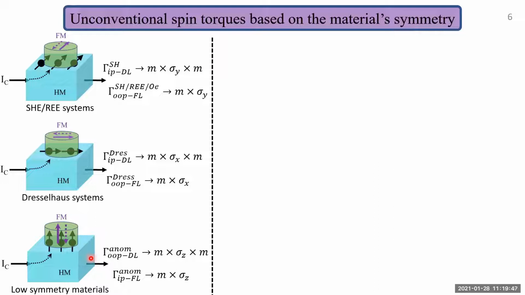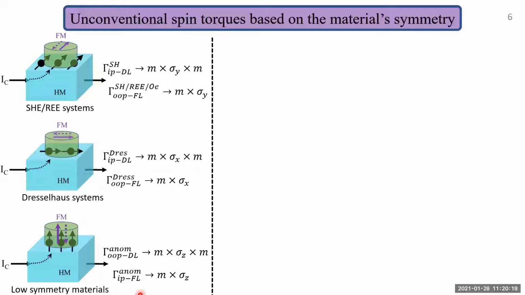The reason is that it can actually switch an out of plane magnet, which doesn't need any in-plane symmetry breaking field. Out of plane magnetization switching is important for high density memory applications. And secondly, the origin of this kind of spin torque is not very well known. So this is very interesting to understand from a fundamental perspective as well.